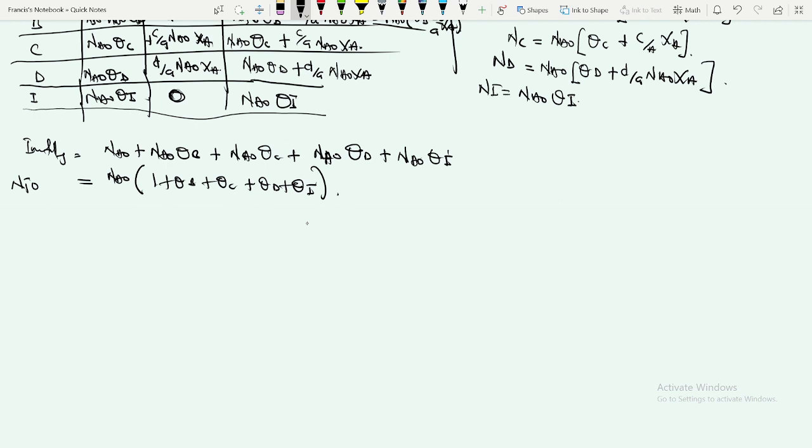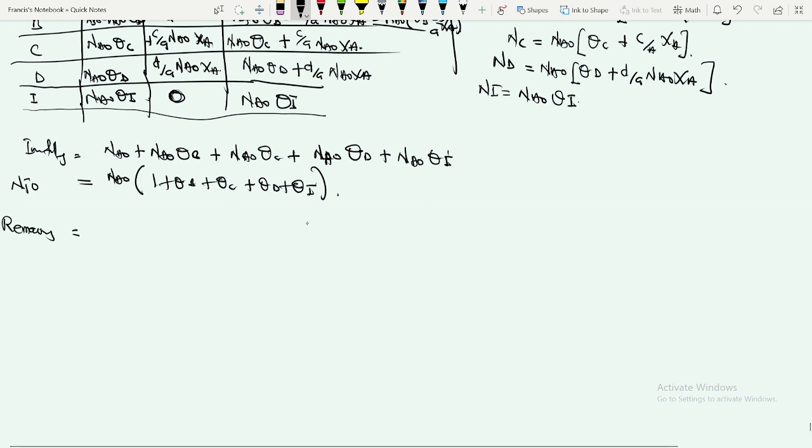When it comes to the remaining, it is also simple. You are finding the remaining of A, B, C, D, and the inert. So that was also going to be Na naught times 1 minus X, which is for A, right?